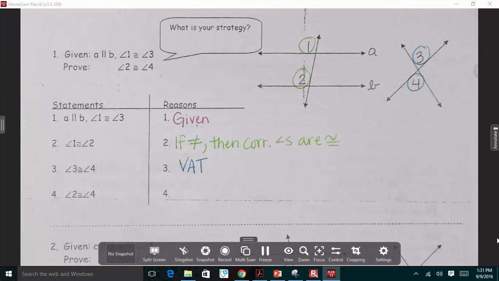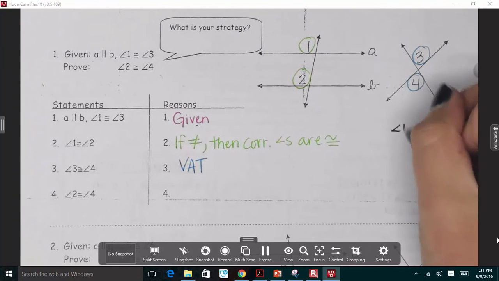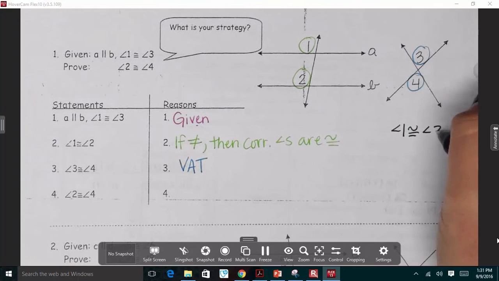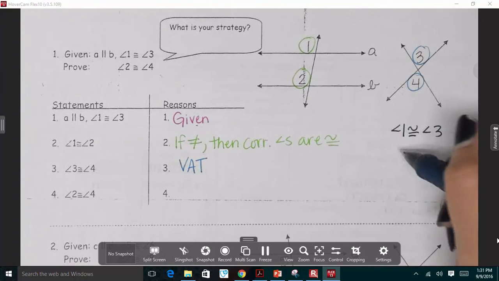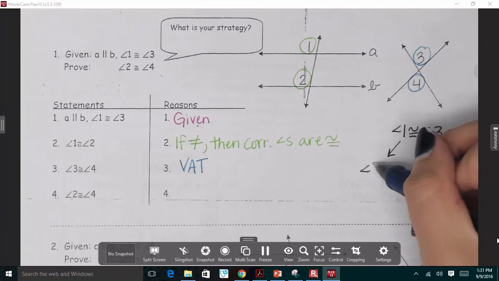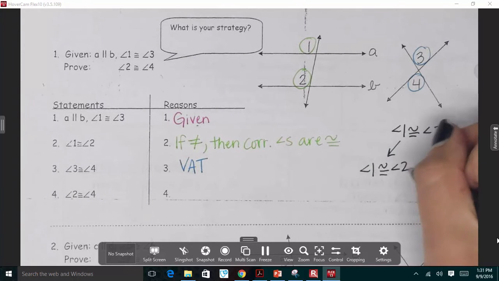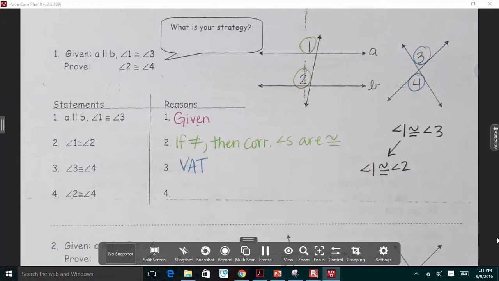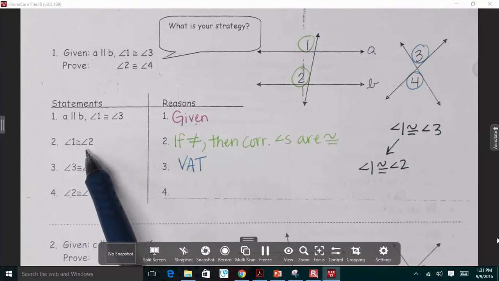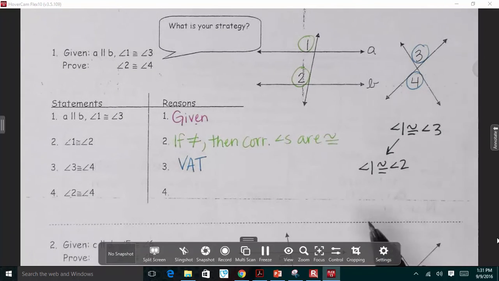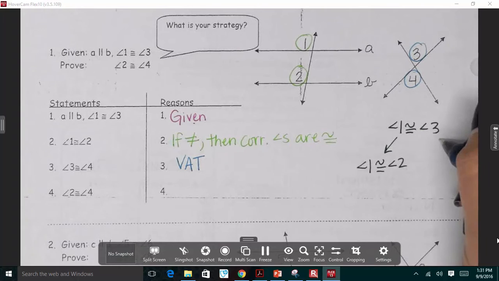Okay, now, they told us angle 1 is congruent to angle 3. What else is angle 1 congruent to? Angle 2. Does everybody see right here where it says angle 1 is congruent to angle 2? So angle 1 is also congruent to angle 2. What is angle 3 also congruent to? Angle 4.